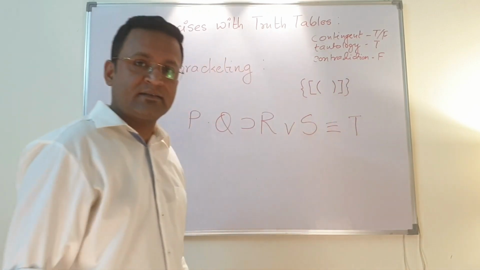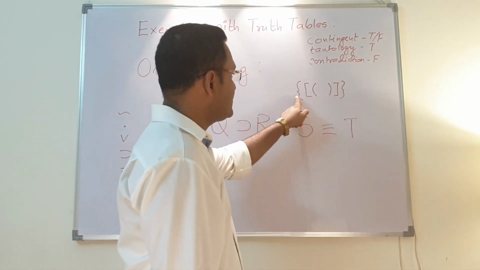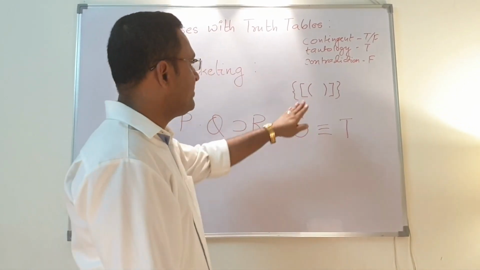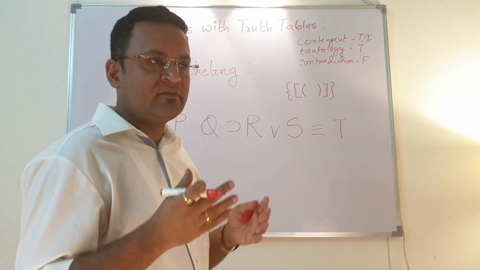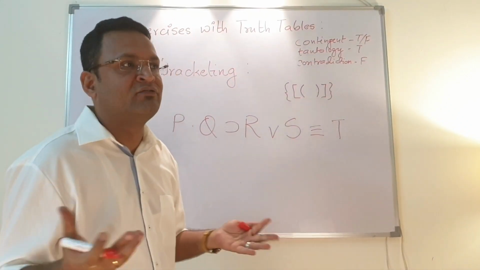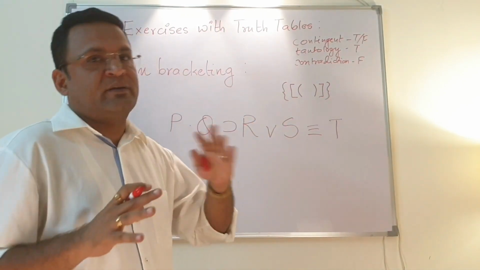In mathematics the order usually differs, but in the logic we are following, one convention or the other you have to follow. It's just a matter of convention. There is nothing like a fixed rule here.